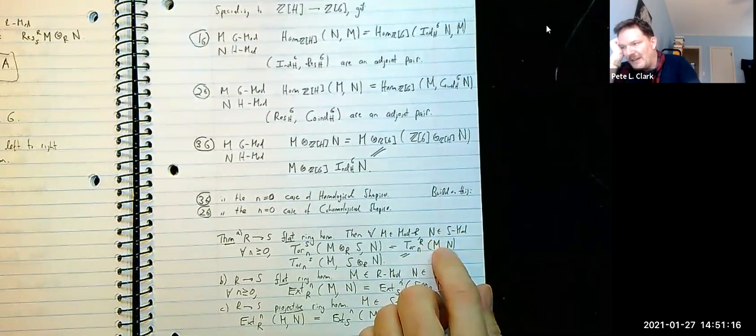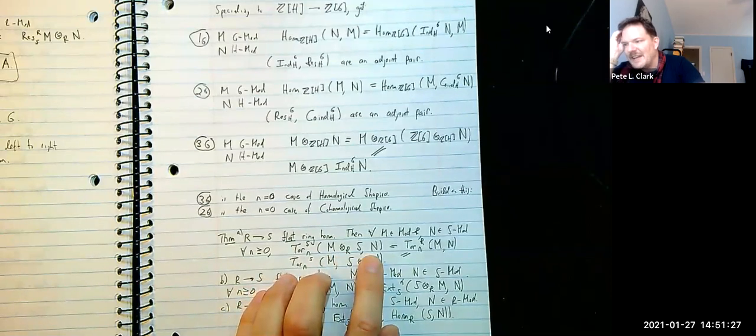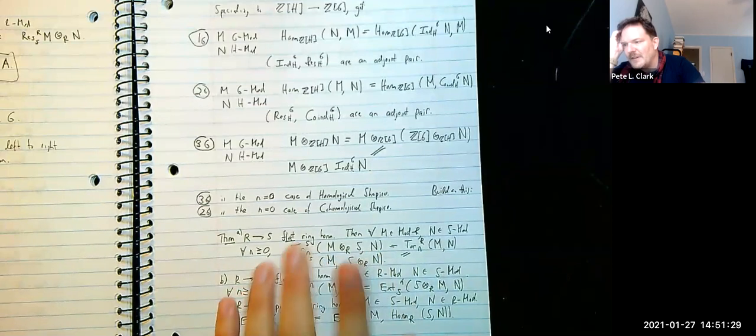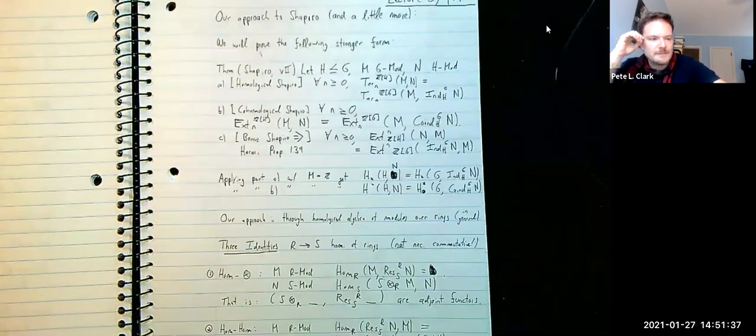So if R is ZH and S is ZG, then we're saying that Tor over ZH of m into n is Tor over ZG of ind of m into n, keeping in mind that Tor is commutative. That is the statement that we want. So again, except for the fact that I mixed up my m and my n, it's okay. But again, you can switch the Tors around.